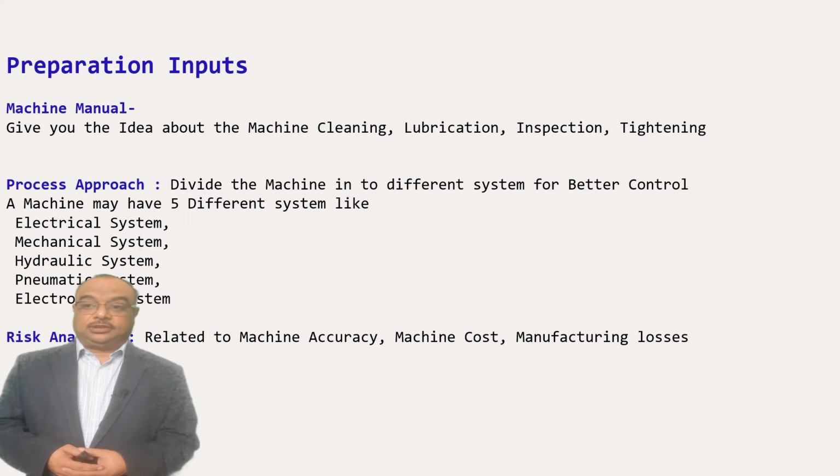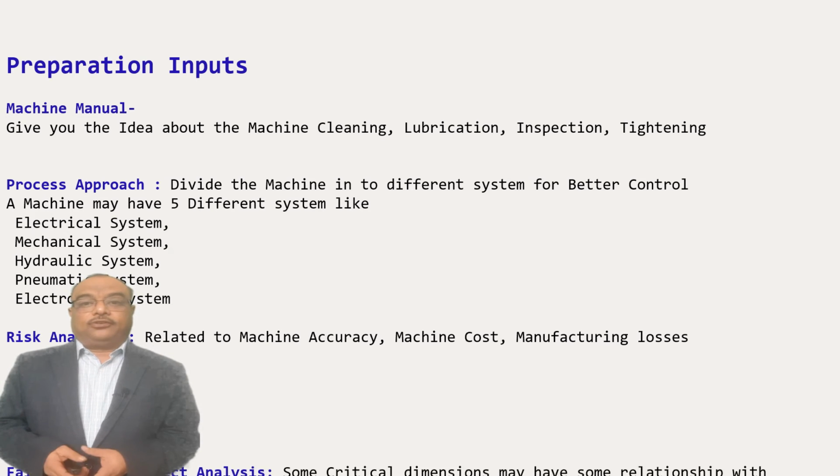And sometimes the risk could be related to the manufacturing process. Suppose there is one machine which is very critical to the organization, because if it breaks down, there are losses related to production or customer delivery. So first we have to understand the risk, because that will give the direction for the preventive maintenance frequencies.